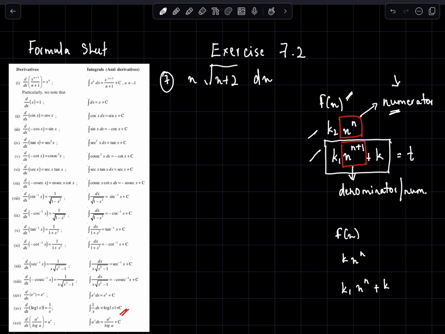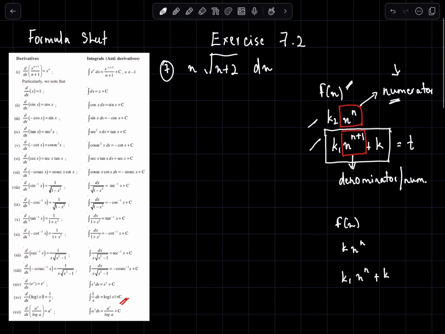Now does it matter which is in the numerator and denominator? Yes, it follows the same condition. Now both have the same power n, correct? So both have x raised to the power n.